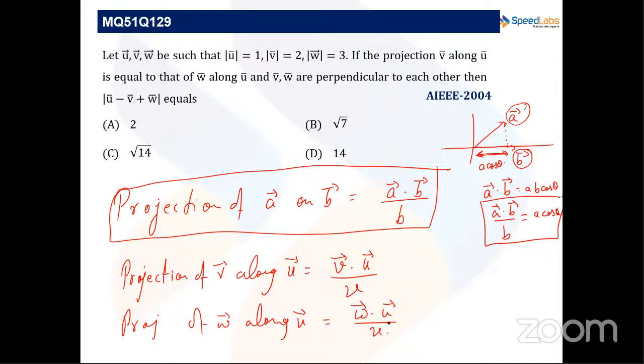It is also given that these two are equal. So v dot u is equal to w dot u. Mod u will get cancelled out.